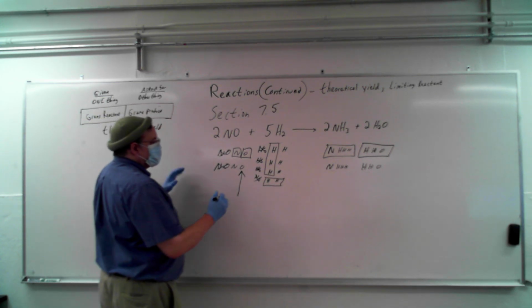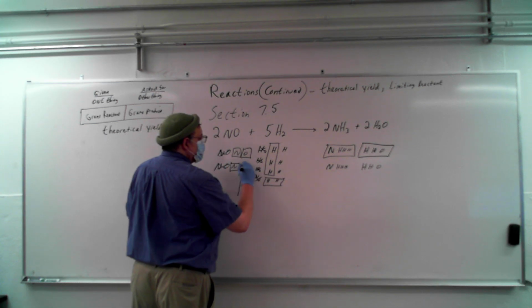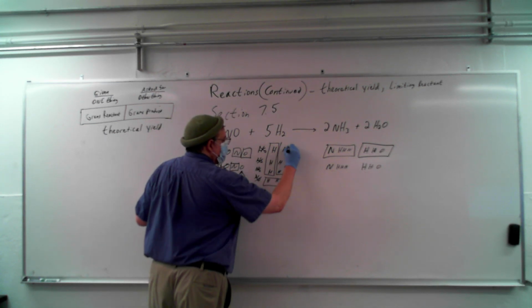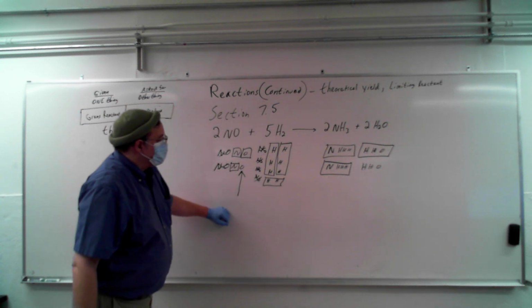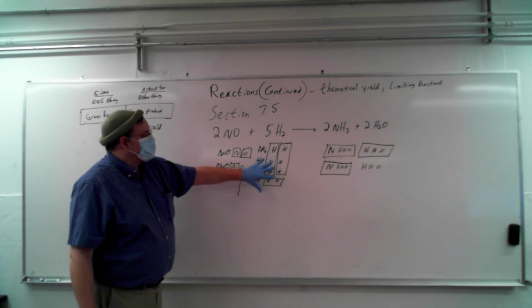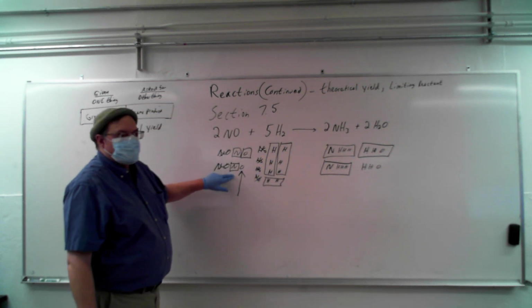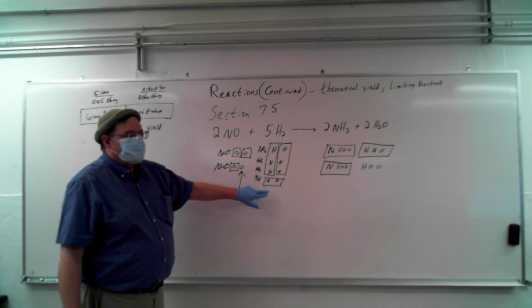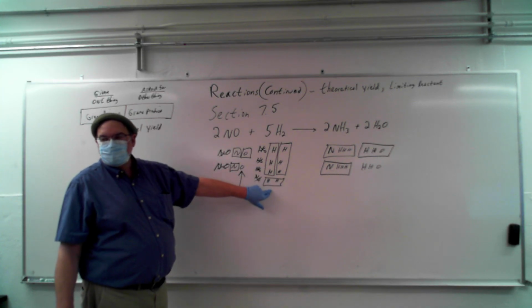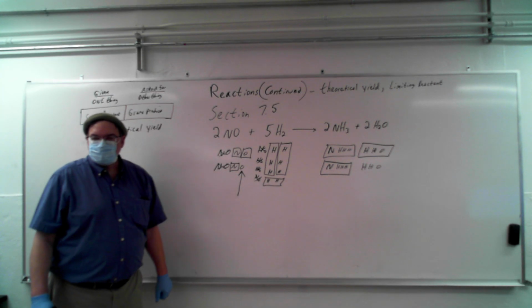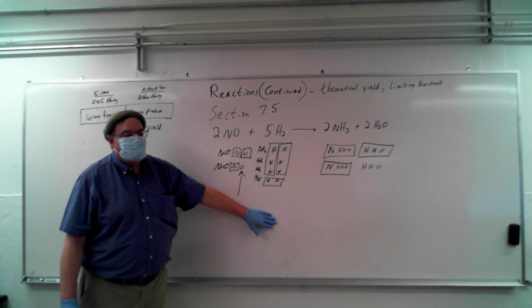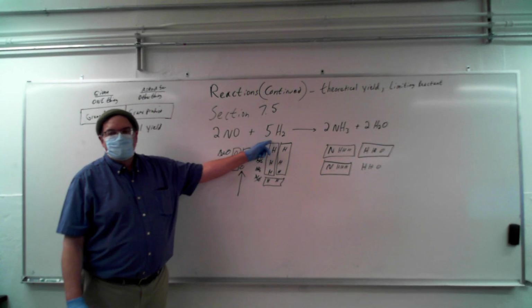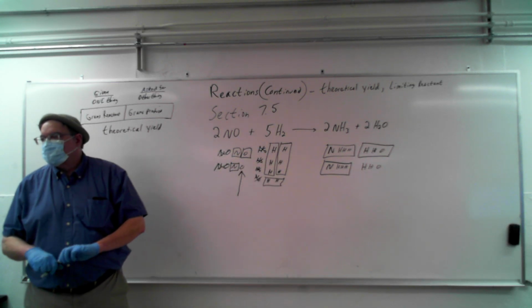The point is, I guess we could still look at it like this. The point is, all of this gets used up, but there's still some of this left. That makes this the limiting reactant, because we didn't have enough of it. I only had 4, not 5, and I needed 5. So that's the limiting reactant.